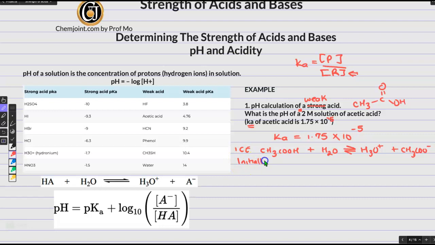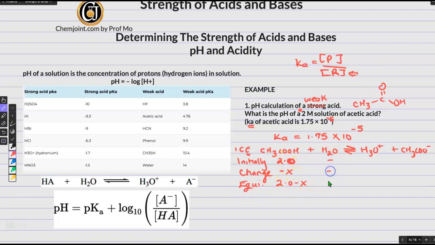So initially I had 2 molar, but that 2 molar will slightly change by a value we don't know, negative x, and then we're going to get to the equilibrium, which is E. We will use the equilibrium values to determine the acidity. So I'm writing here 2 minus x because if this was the initial and this is by how much it changed, therefore I can easily say what I'll end up with is 2 minus the change.